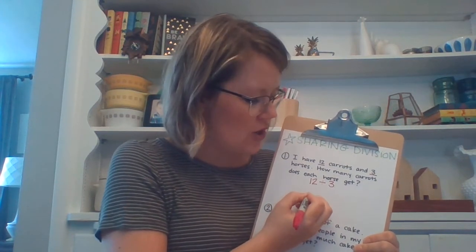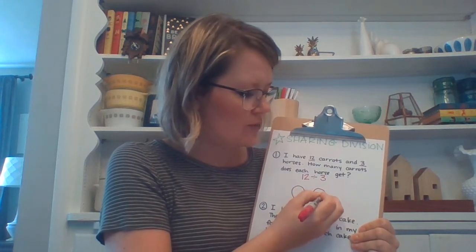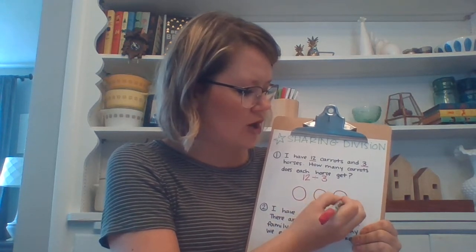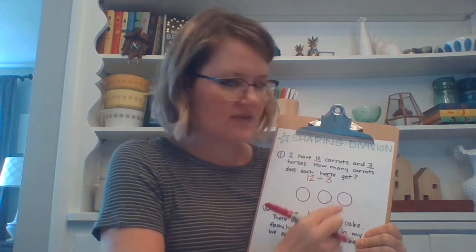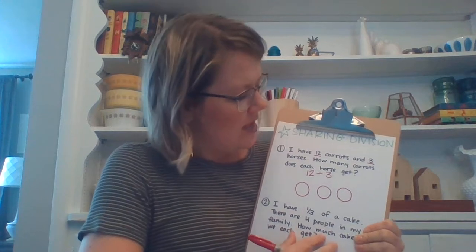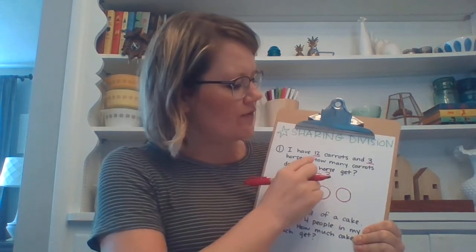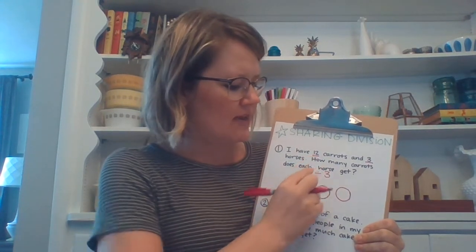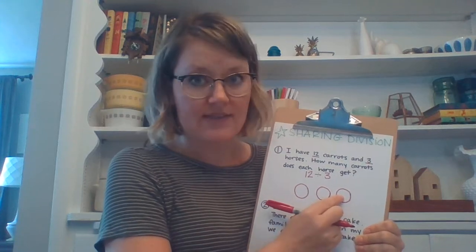And then I'm going to model this problem, and the modeling is really where you can see that it's sharing. So in this case, I know already with my picture that I have 3 groups, and those groups are horses. So 3 horses, here they are. I know they're circles, not horses, but you get the idea. And then I need to figure out how to divide these carrots among these 3 horses so they all get the same amount.